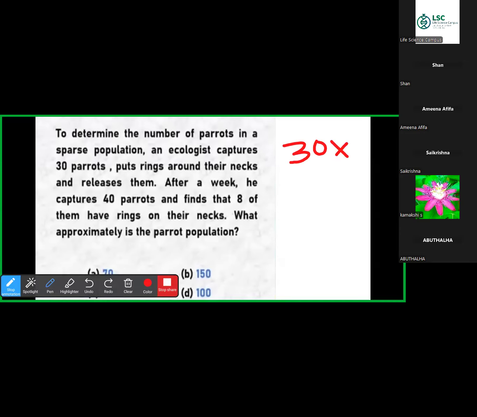So, in the second capture, there are 40 parrots, and number of recapture is 8. So 30 into 40 by 8 is 150. So second option is the right answer. Is it okay? Mark recapture technique.